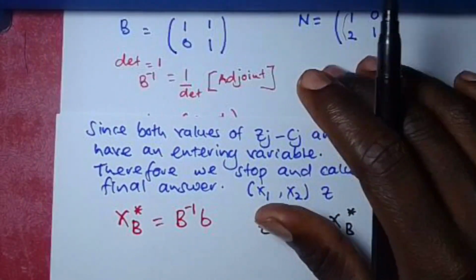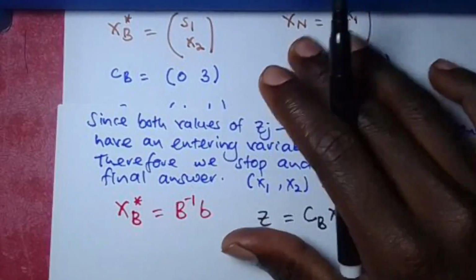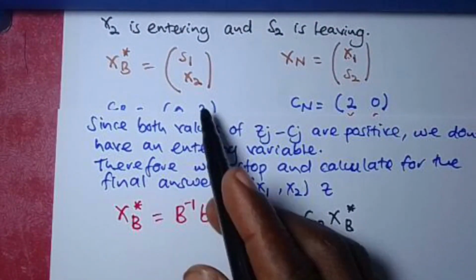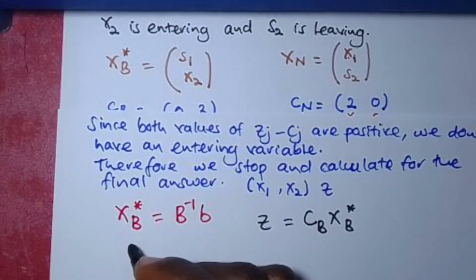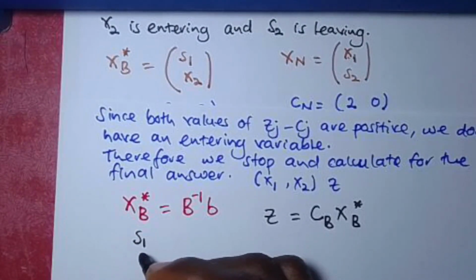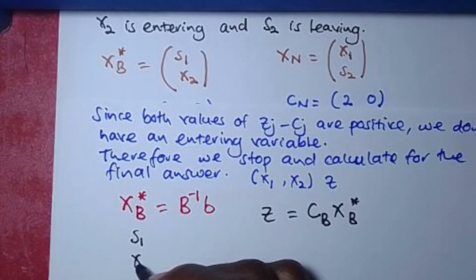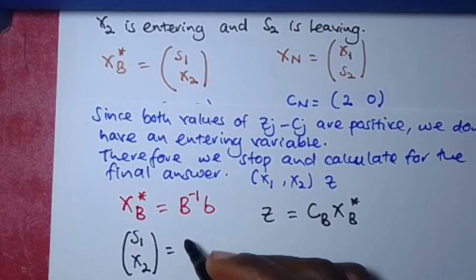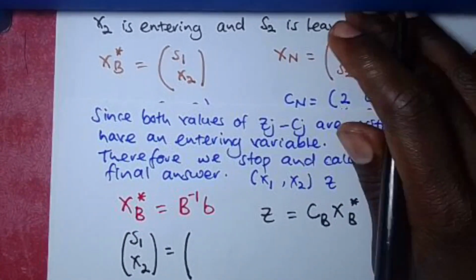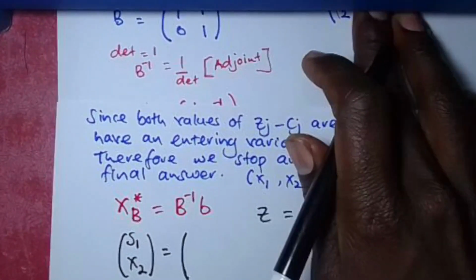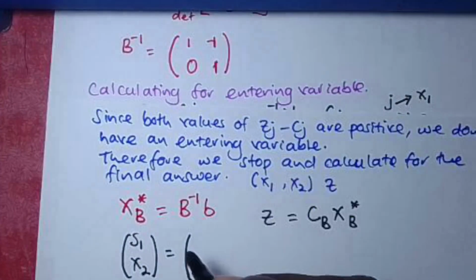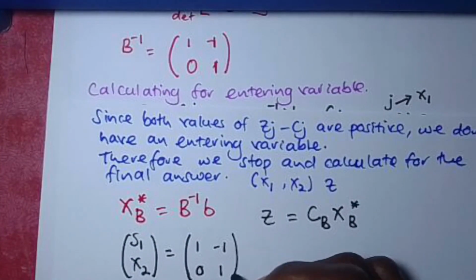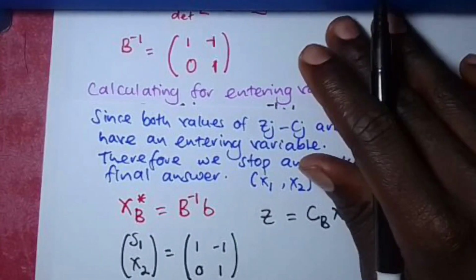The latest version of x basic we had is this, which is giving us s1, x2. So we shall have s1 and x2 equal to b inverse. Our b inverse matrix was this, which we have here, which is 1, -1, 0, 1, times our small b set.